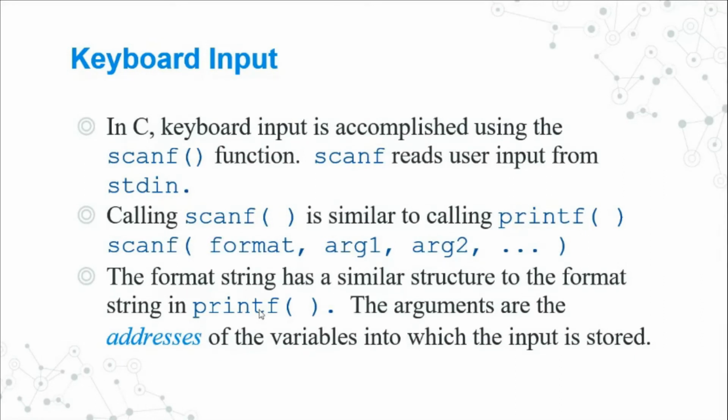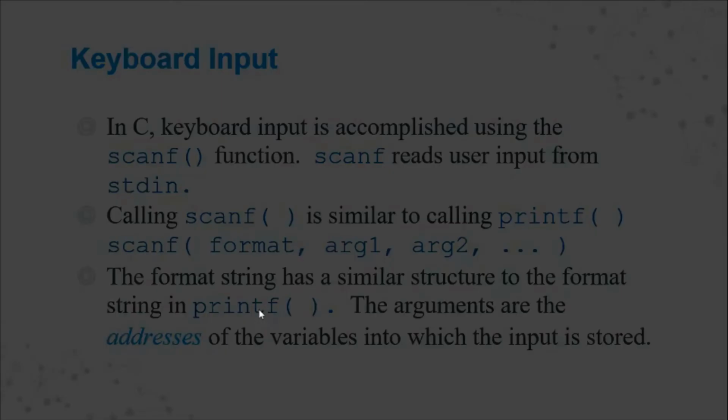While declaring a specific variable, we assign some memory space for that variable, and the address of that memory space is the address of the variable. So in the case of scanf statement, the arguments are the addresses of the variables. So let's see how this is being done.